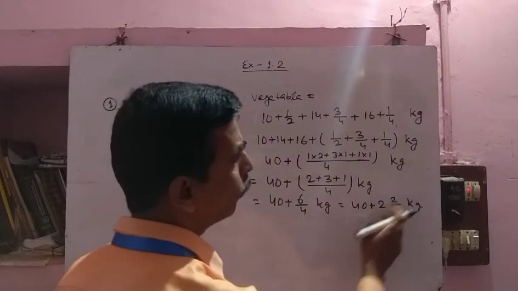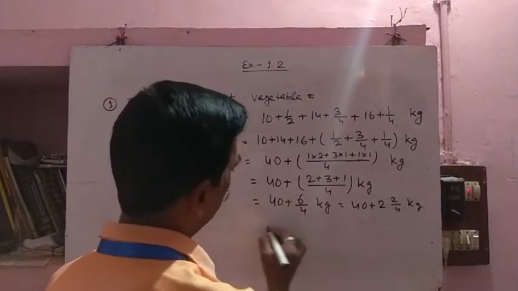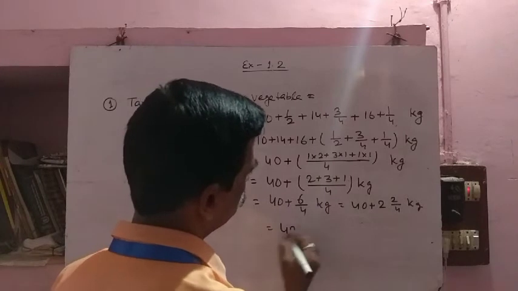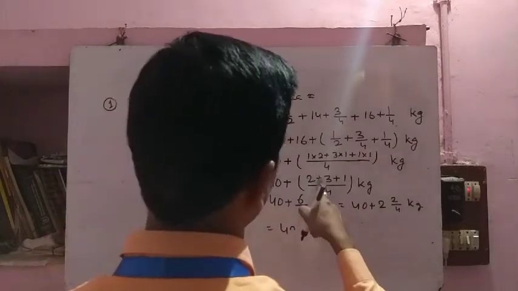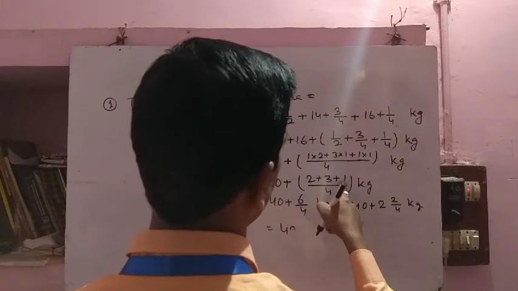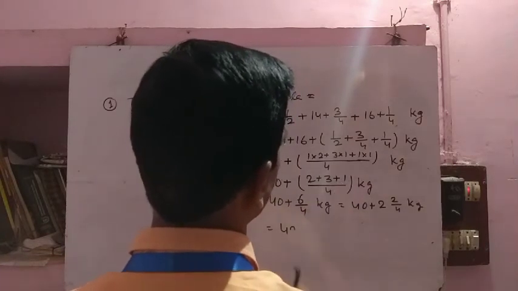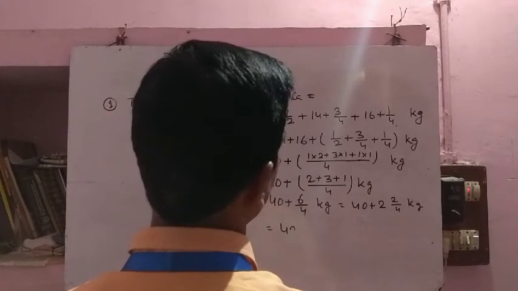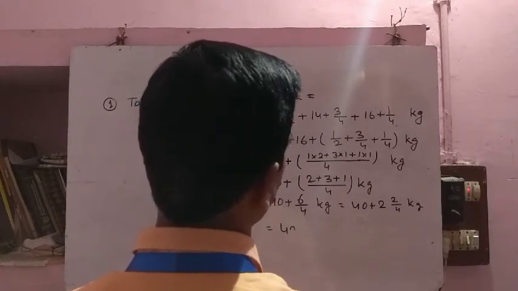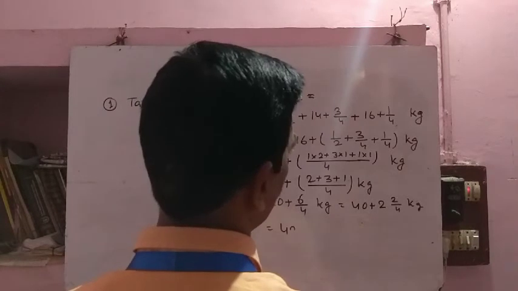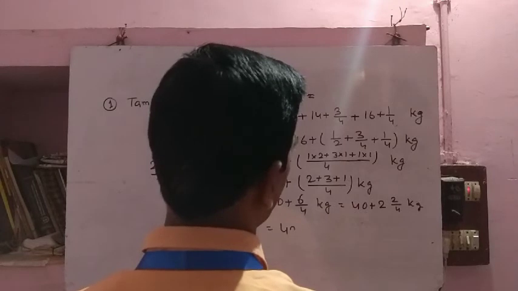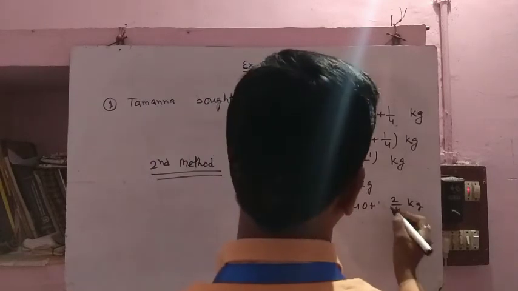Something wrong. 2 plus 3 plus 1 is 6. Yes, this one is 4 1 is 4.